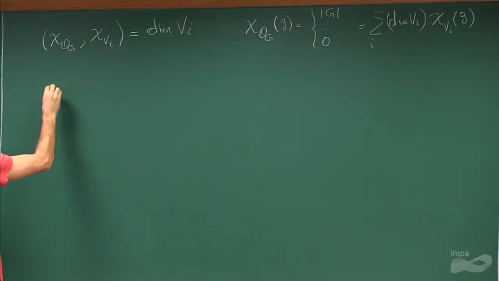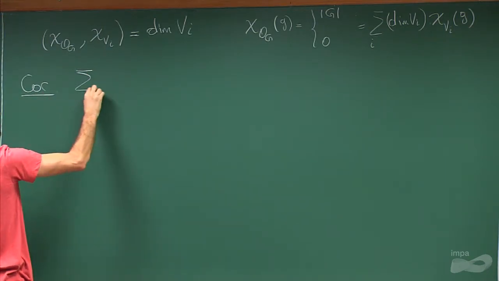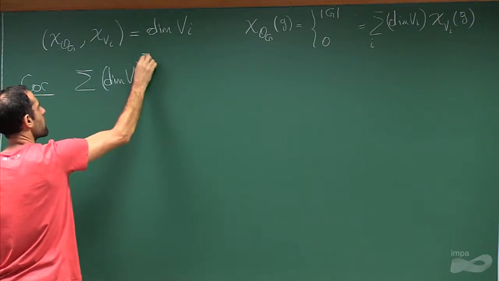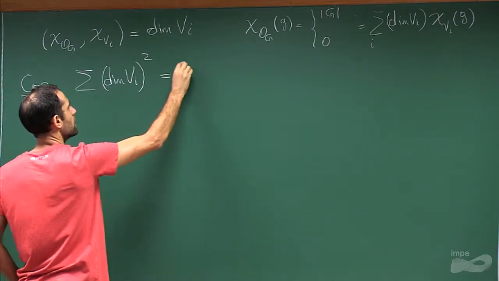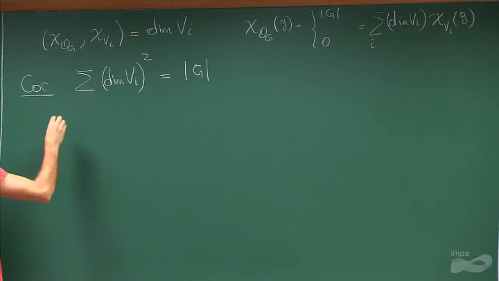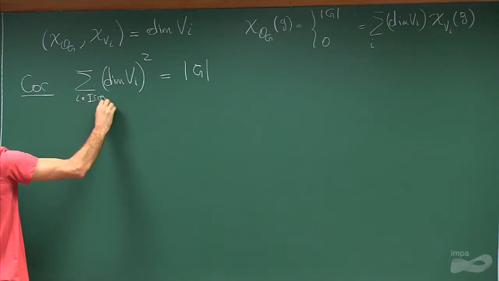From where we get a simple corollary that the sum of the dimension of Vi squared is equal to the order of G, where the sum is over all irreducible representations.